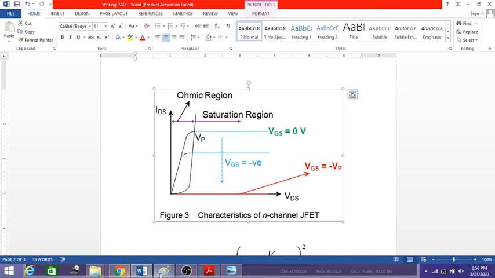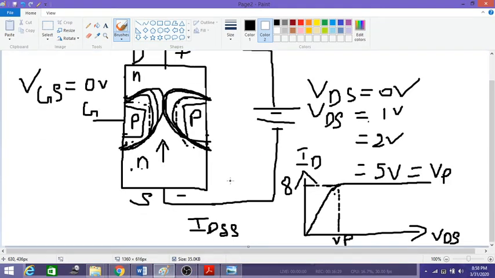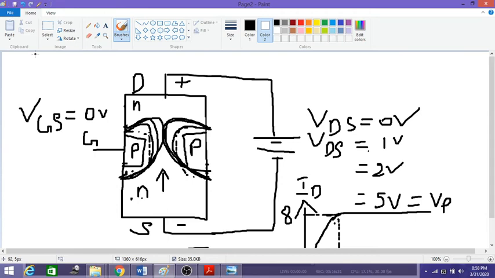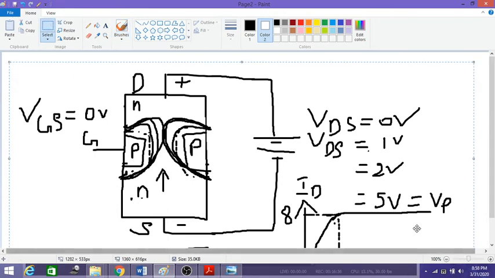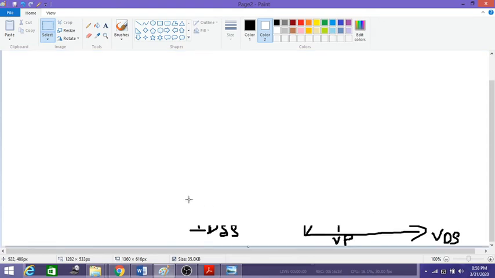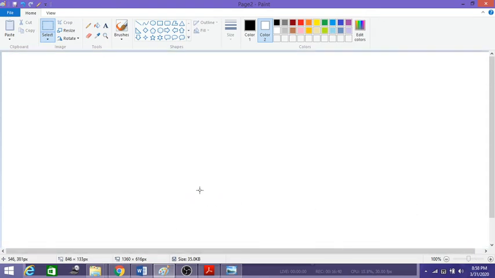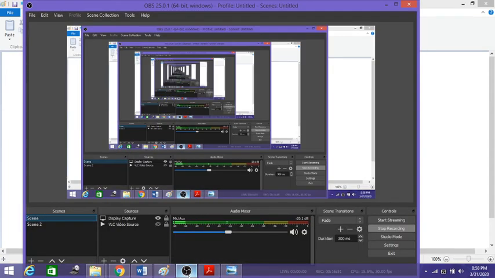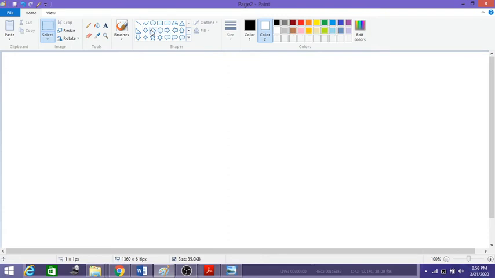Now let me clear this section. We will come to the second concept. Let me clear this entire window. Let me write this JFET again.